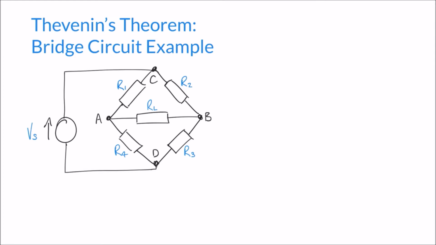We're not going to do that in this video, but we are going to see whether or not this bridge circuit is balanced or not, and that's going to also help us determine the Thevenin voltage in this particular example.